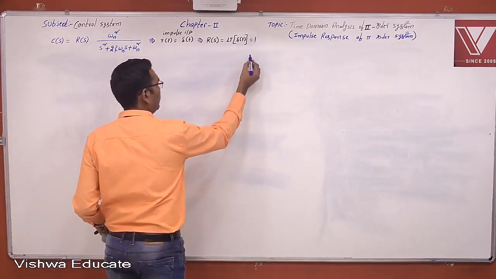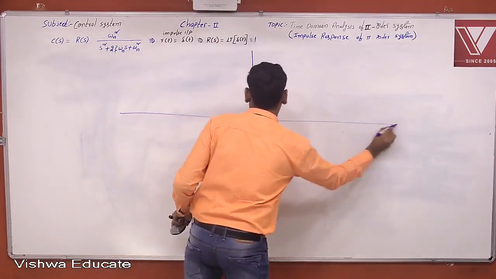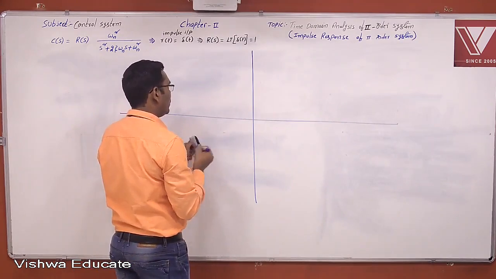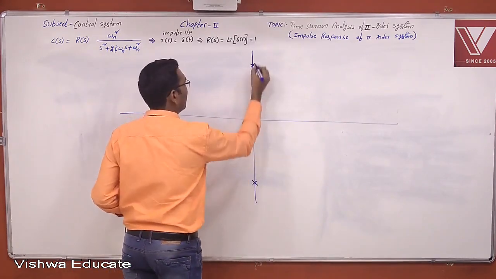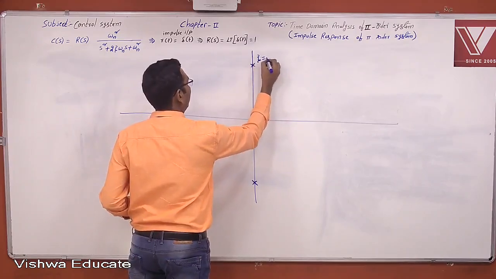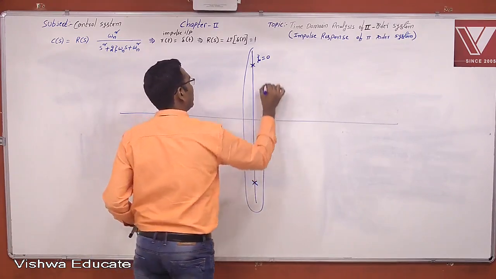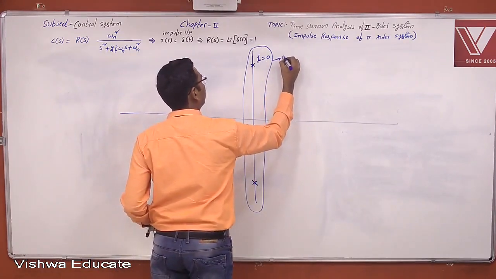Before that, first we'll take one small comparison. When damping factor zeta equals 0, poles lie on the imaginary axis, and the system is marginally stable.